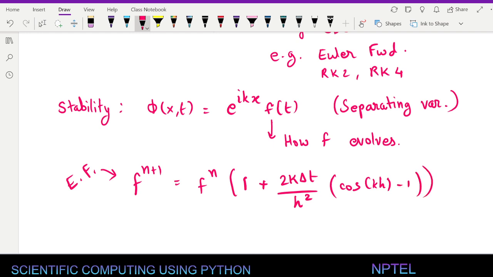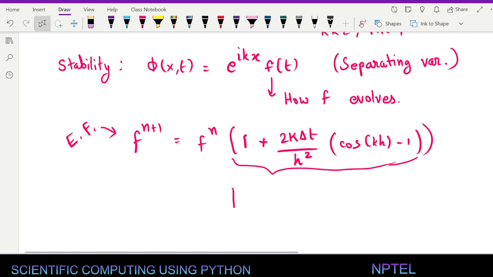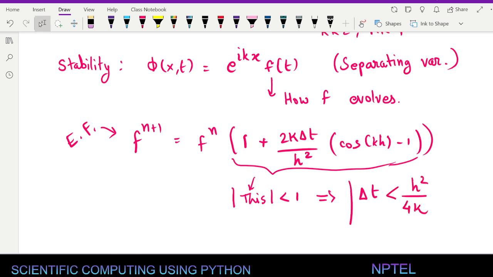And then you ask when does this coefficient become less than 1? Mod of this less than 1, and that gives you a time scale: Δt should be less than h square over 4 kappa.